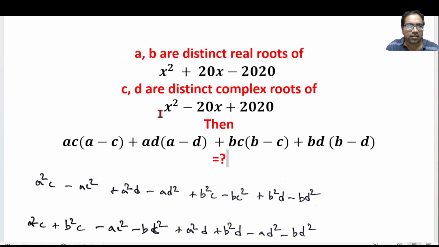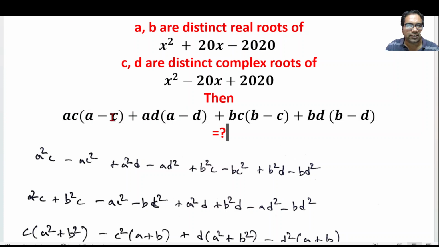For example, let's take this one and let's expand this. If we expand the expression that is given, what we get? A square C minus AC square, then A square D minus AD square, and B square C minus BC square, and B square D minus BD square. Let's gather A and B together.